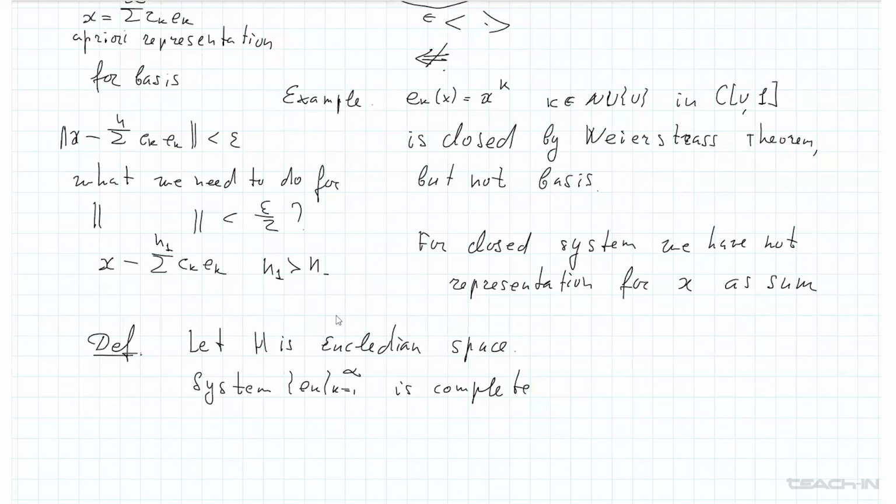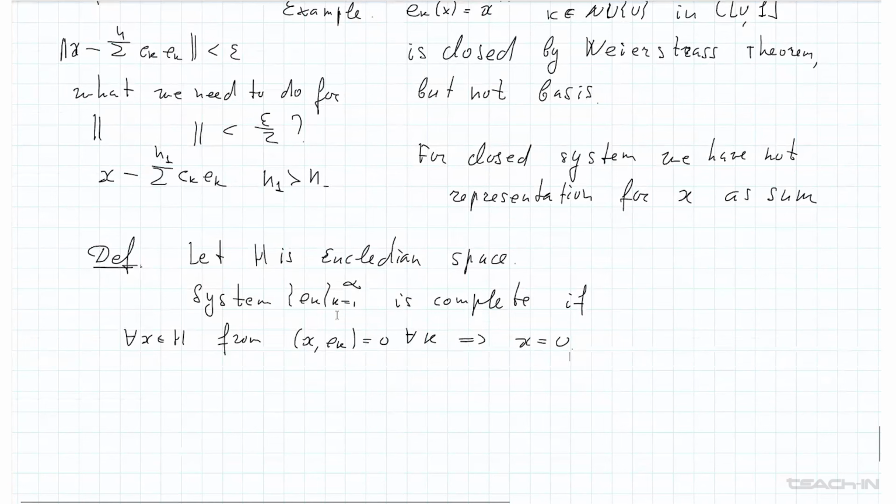I define the notion of a complete system. It is complete if for any x from H, from the equalities (x, e_k) equals 0 for any k, it implies that x equals 0. So if there exists an element which is orthogonal to all elements of our system, then it must be 0.